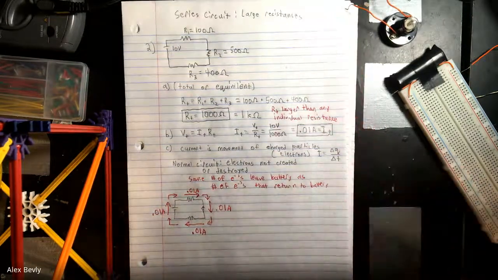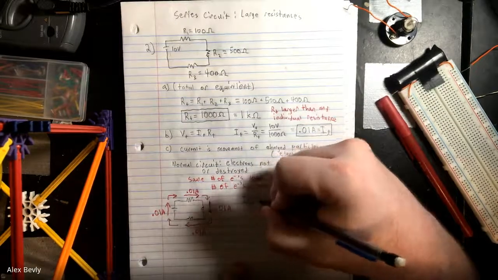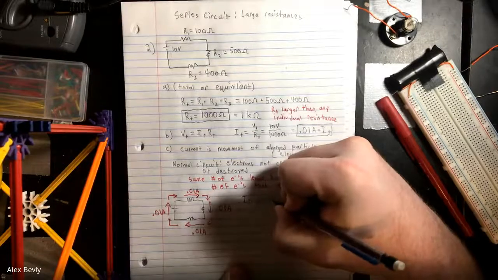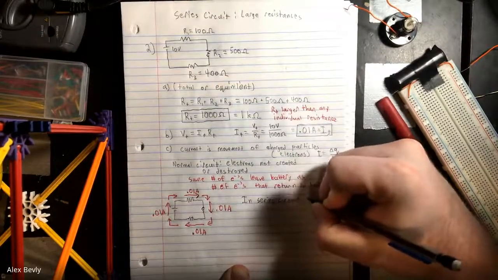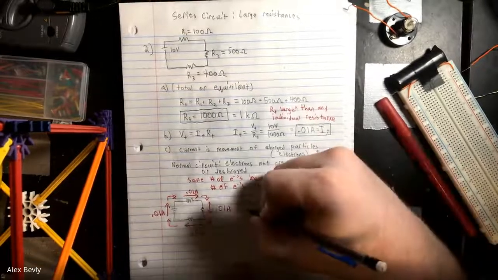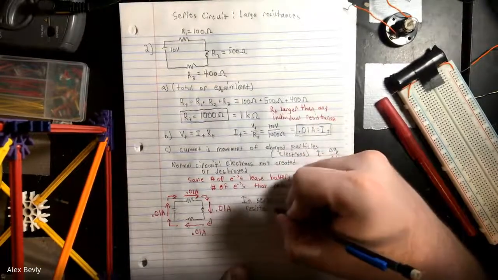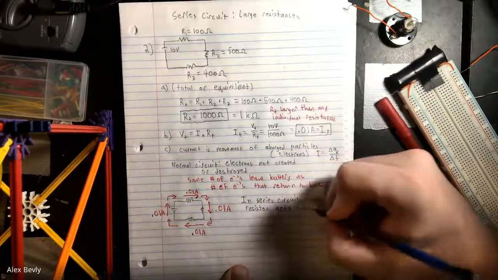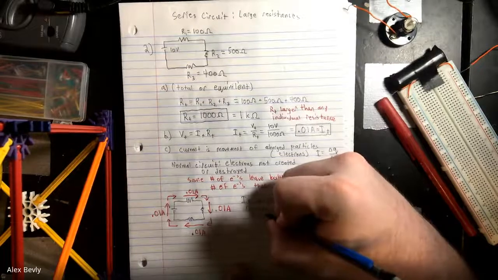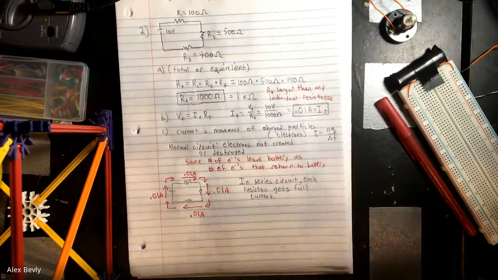So we're going to see in a series circuit, each resistor gets the full current. They're not having to share this current. They each get the entire current from the battery.